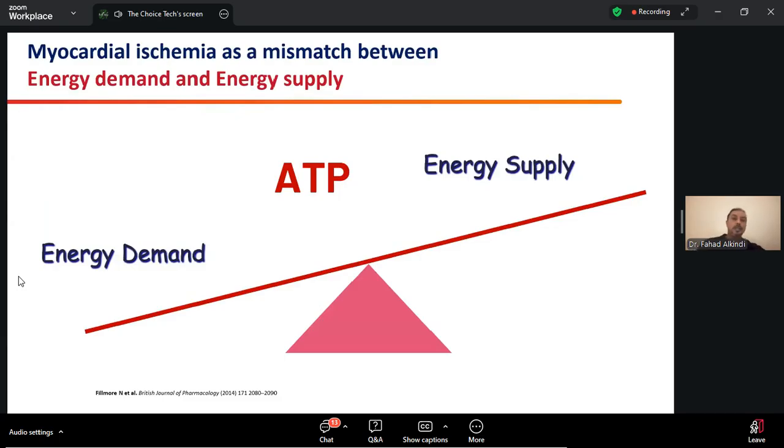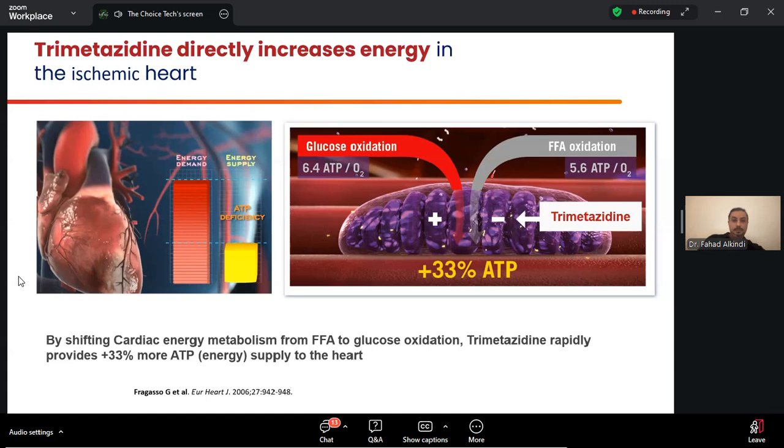We should also not forget that myocardial ischemia is also because of a mismatch between the energy demand versus energy supply. In which a medication like trimetazidine, which enhances the myocyte energy by shifting the cardiac energy metabolism from fatty acid to glucose oxidation, in which it will require less oxygen use to produce ATP, is very effective in such a scenario.